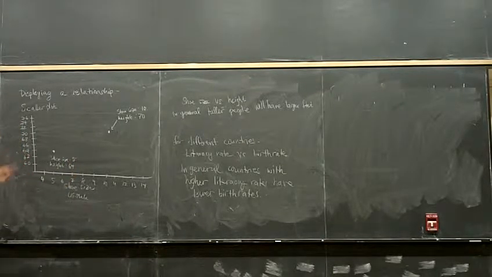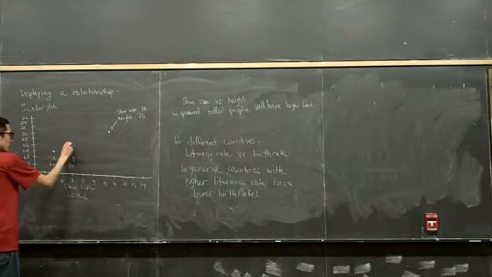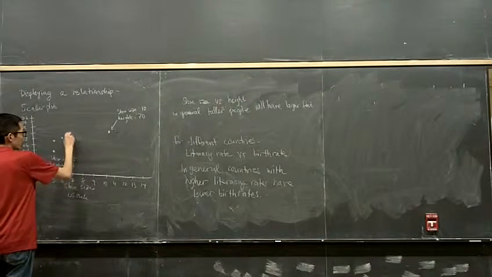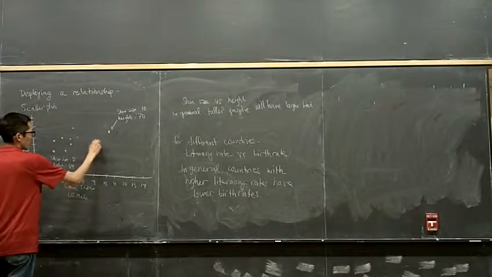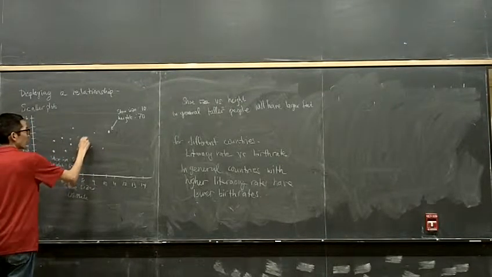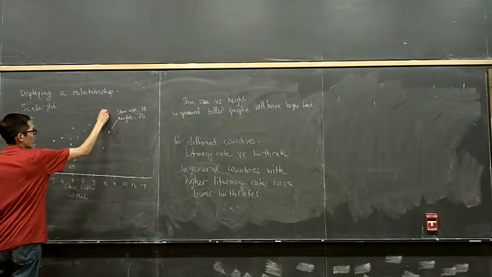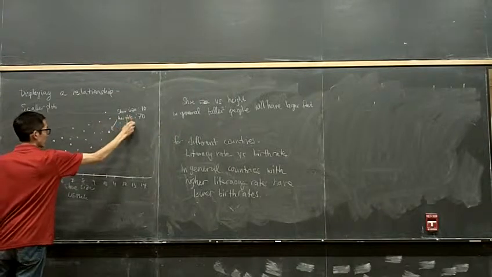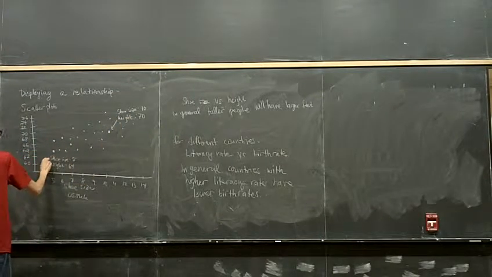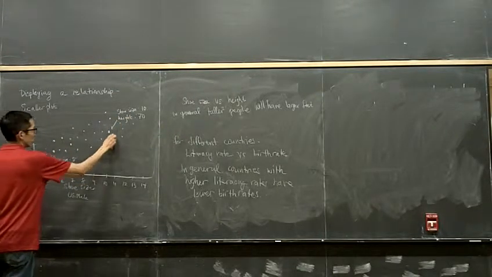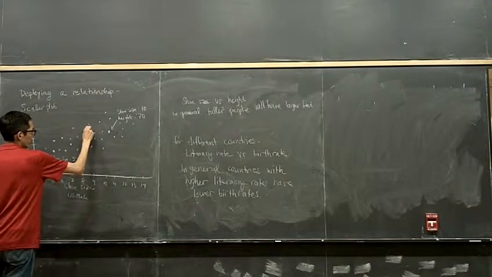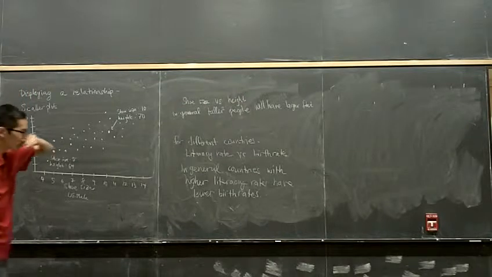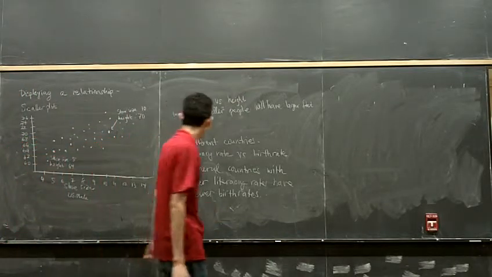We do this for every single person in our data set, and we graph all the dots. Every dot represents a different person with a different shoe size and different height.